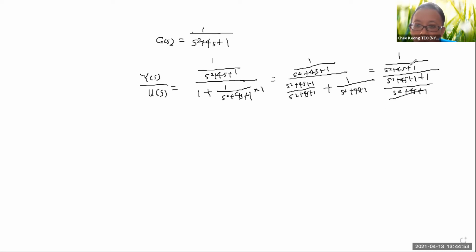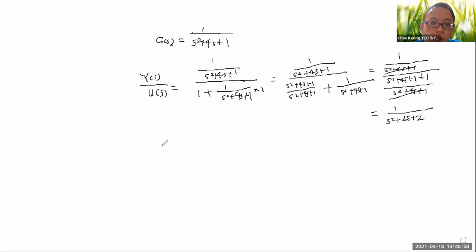The top and the bottom are the same, so you cancel it out. What you have is 1 over s² + 4s + 2. This is the closed loop transfer function for your entire expression.